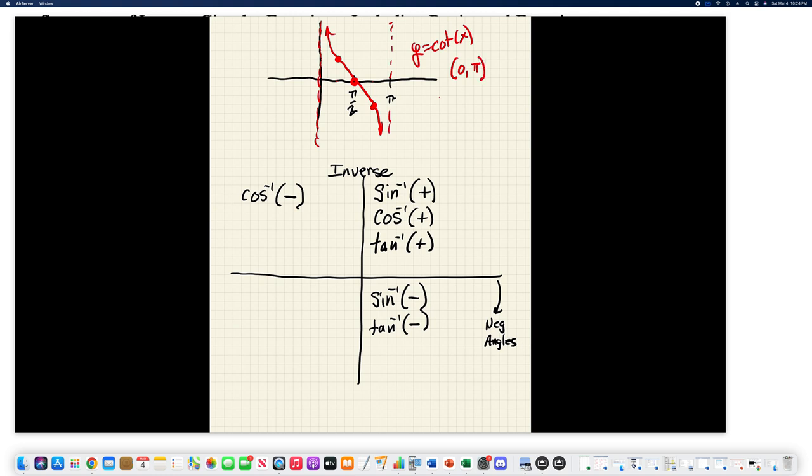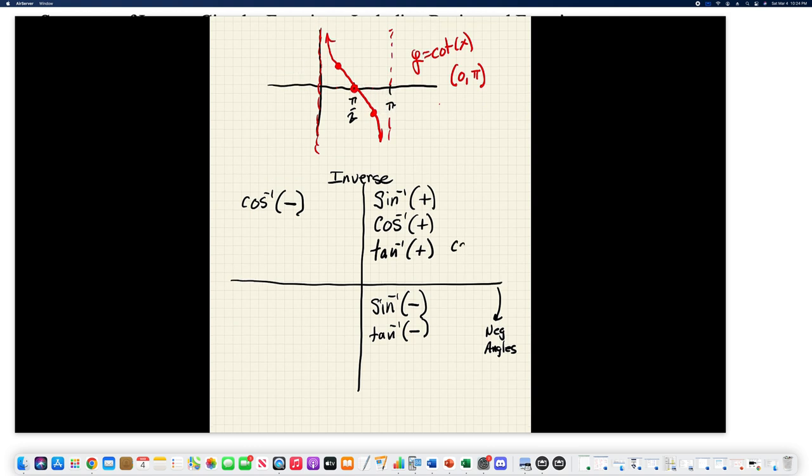So if we start to add these back into our list here that we have in our lower half part of the screen, if we're going to go to cotangent now, cotangent is quadrant 1 and quadrant 2. So inverse cotangent of a positive is in quadrant 1, inverse cotangent of a negative is in quadrant 2.